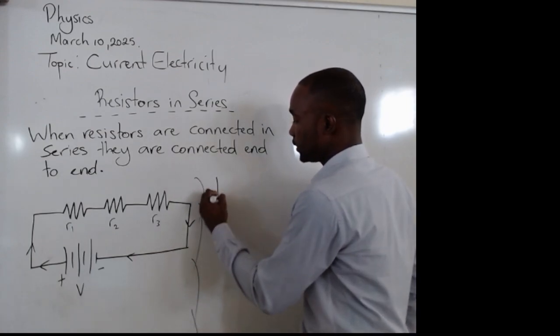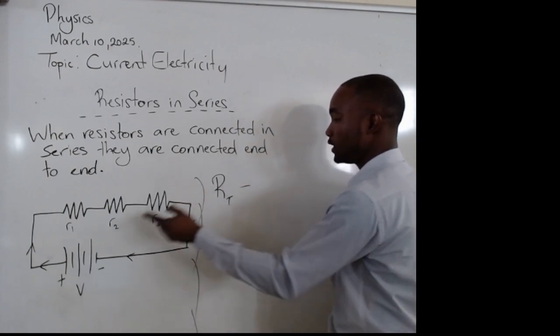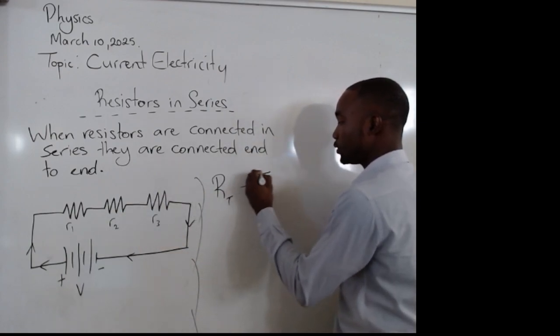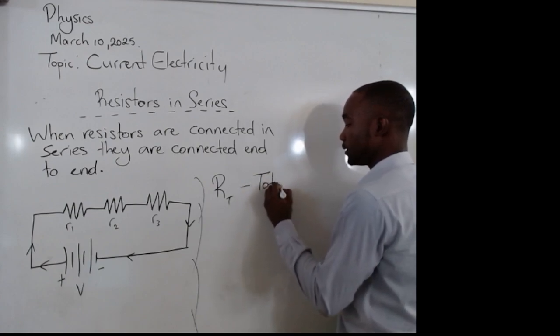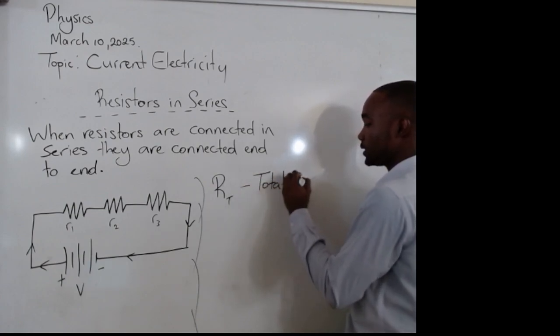So RT, R subscript T, will represent the total resistance in this circuit.